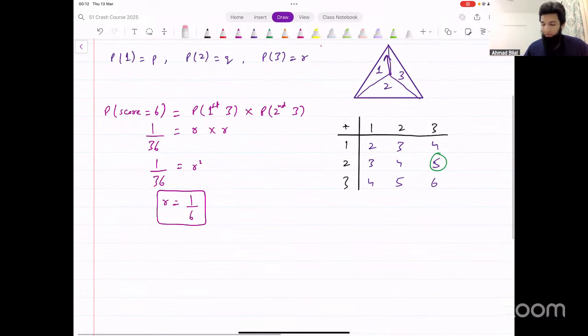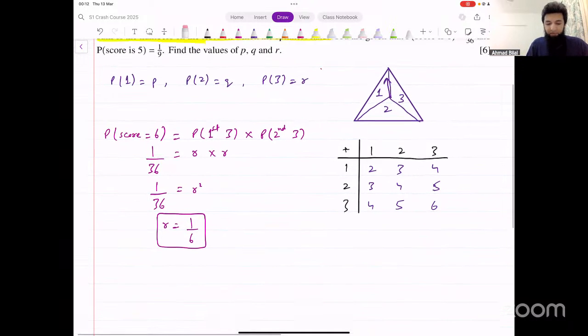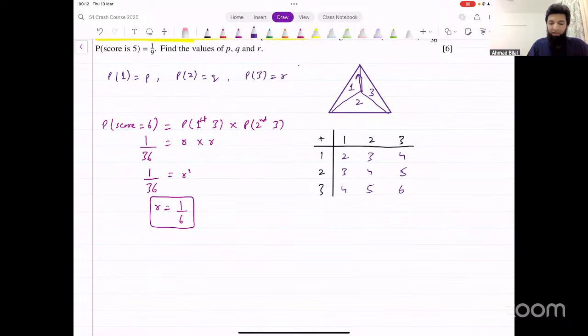Okay, now score being 5, the probability of that is 1/9. Now, when can you get a score of 5? Probability that score is equal to 5. There are 2 possible cases that you can have for that. Let me write them down in full so that it becomes clear. One case is that on the first spinner, you get 2. And on the second spinner, you get 3.